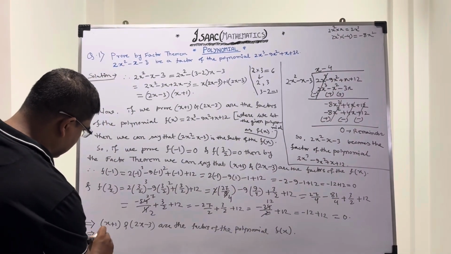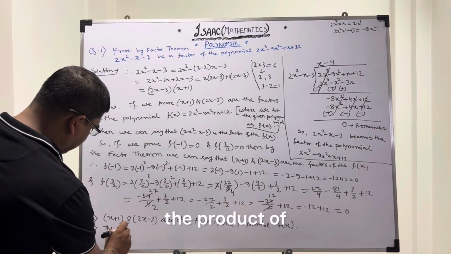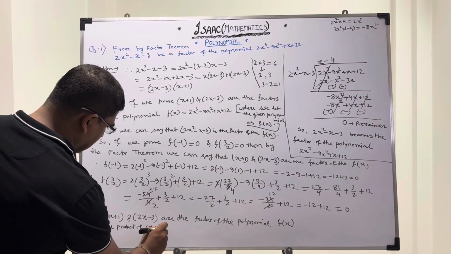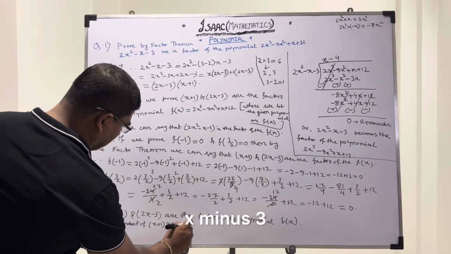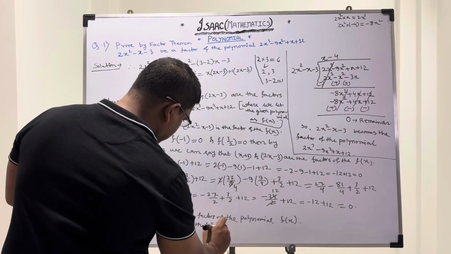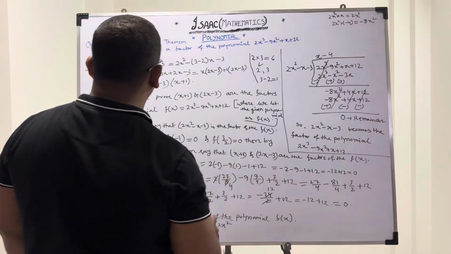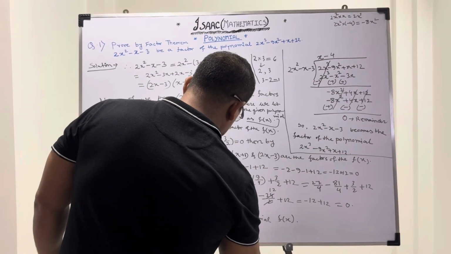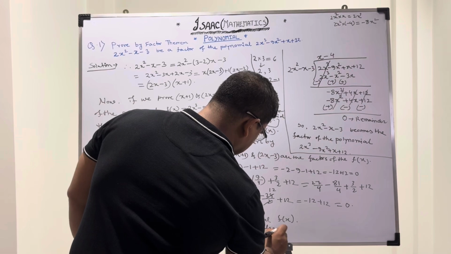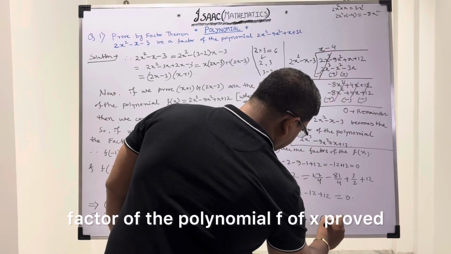This implies that their product, the product of x plus 1 and 2x minus 3, that is 2x square minus x minus 3, is also a factor of the polynomial f of x.